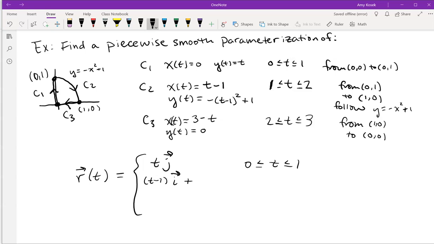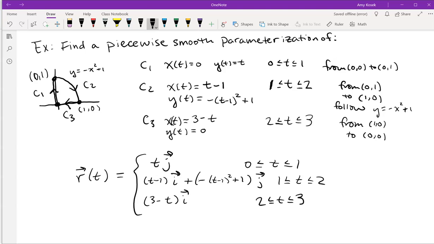Plus we've got negative the quantity t minus 1 squared, all plus 1, times j. If you wanted to simplify that, you could. It just doesn't really matter. And that's for t from 1 to 2. And then for the third one, the x component is 3 minus t, so that's times i, and the j component is 0, and that's for t ranging from 2 to 3. So my full domain of this would be t goes from 0 all the way to 3.